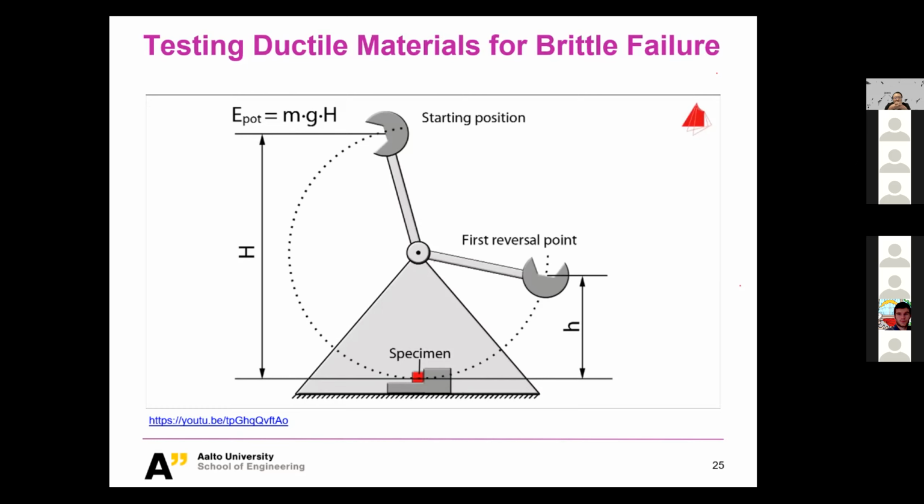Exactly at the first reversal point, the pendulum again only has potential energy, which is m times g times small h. The energy that has been absorbed by the specimen is called notch impact energy, kV. It corresponds to the difference between the two potential energies.